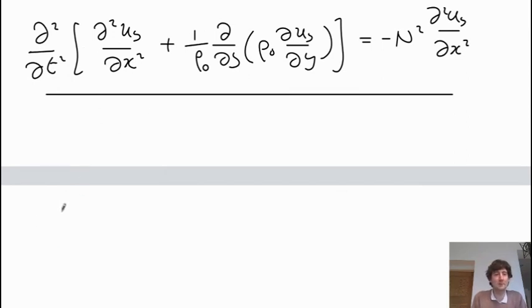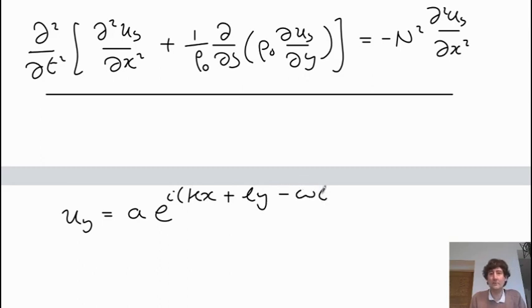And then what we can do is say that u_y is varying like some constant, and then we have an e, and then we have wave numbers in x and y and in time. So let's say kx plus ly minus omega t.